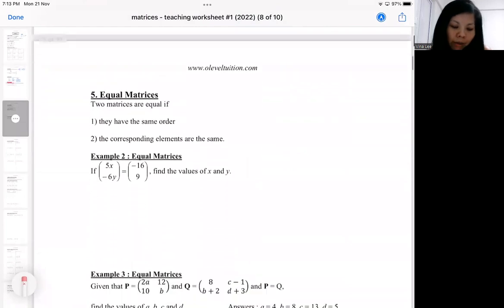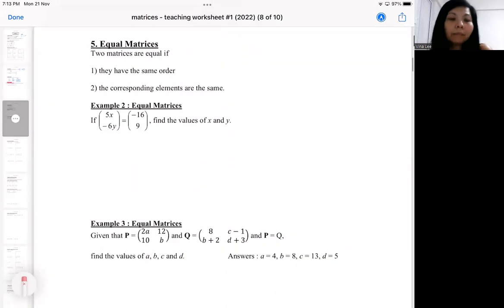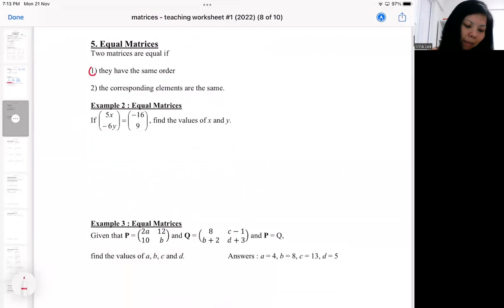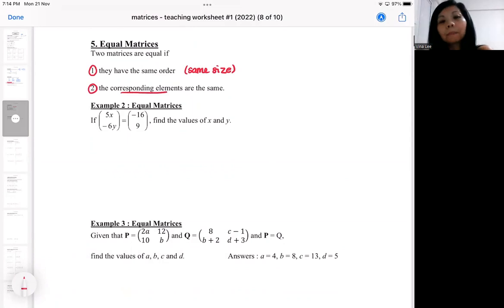Here comes the more technical definition. We will have equal matrices. The condition where we consider matrices to be equal is that they must be the same order, in the same way, the same size. And then the corresponding elements are the same. That means the matching elements are the same, so we match the position.